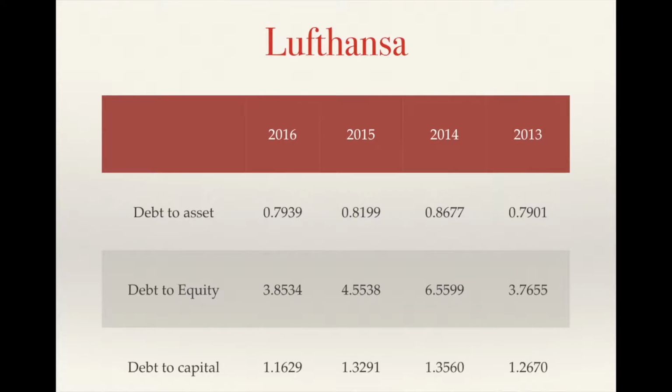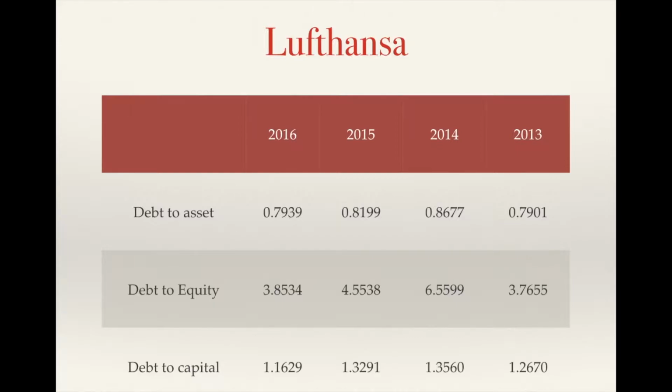If we transfer these numbers into percentages, it means that approximately 80% of all assets each year, except for 2014, where the figure equals 86%, are financed by debt, and only 20% to 14% of assets are financed by equity. So the indebtedness of the company is rather high. Normal figures would be around 50 to 70%.